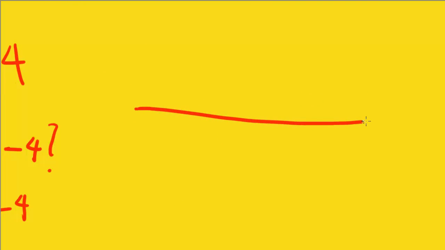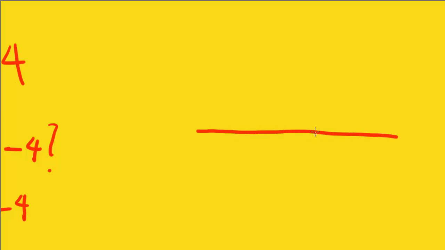So number line, okay, that's as straight as I can make the line. So 0, 1, 2, -1, -2, -3, -4.